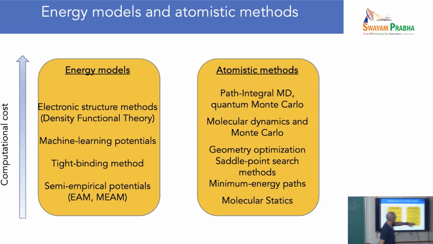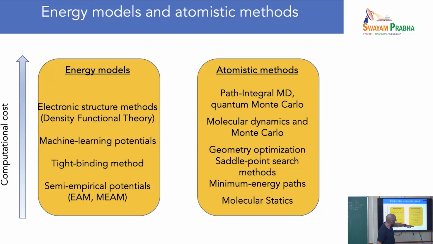These are still relatively fast calculations. This is all in the same category of minimum energy path methods. Then molecular dynamics and Monte Carlo take much more time than molecular statics, just because here you generate a lot of configurations, whereas here you generate only a few configurations. So they take much more time.